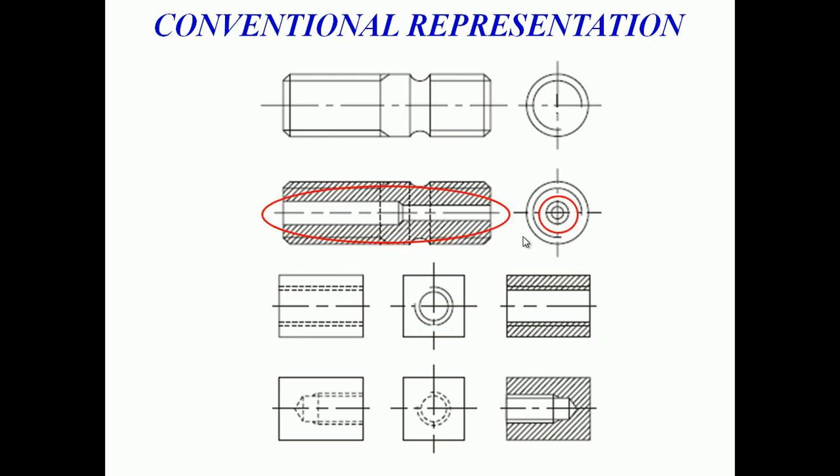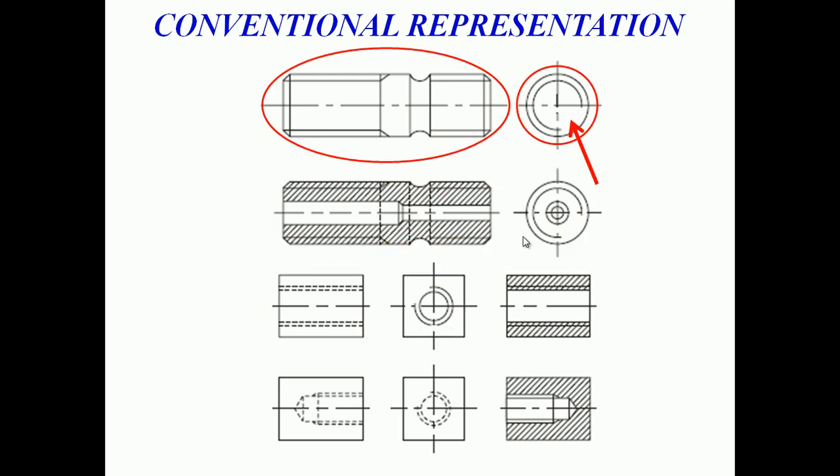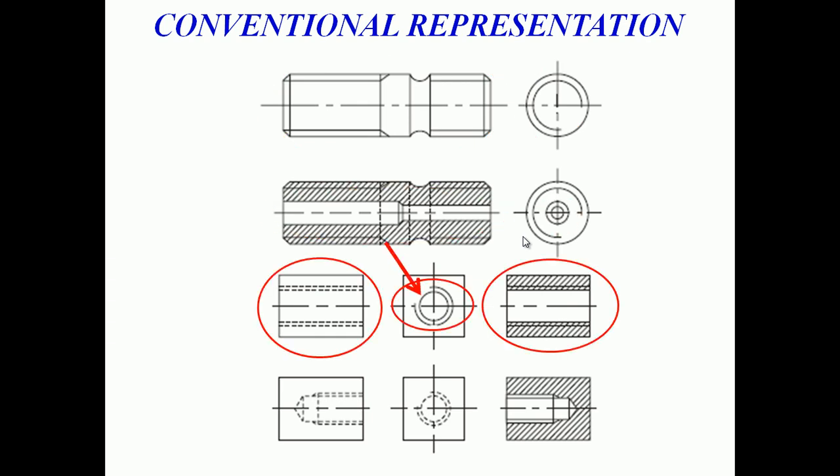External thread means the outer one is a full circle and the inner one is a curve. If you come to the internal thread, you can see clearly that the inner one is a circle and the outer one is not a circle, it's a curve.